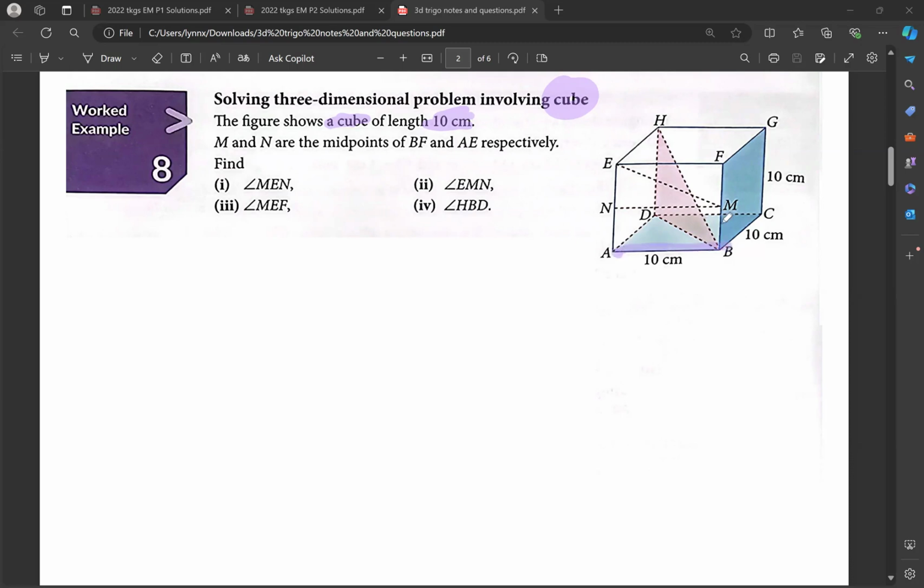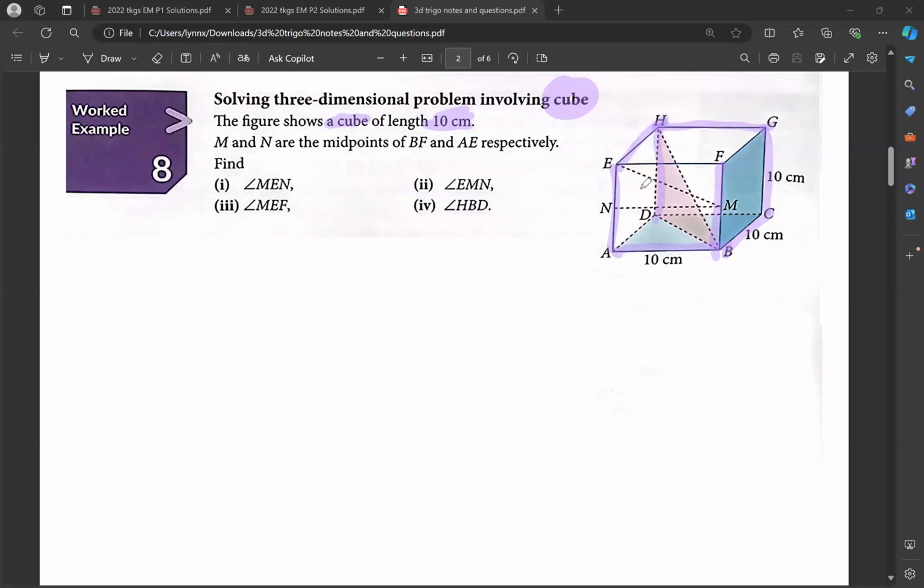We have AB, we have BC, GC, FD. We got FD. FB, EA, yeah. EH, yeah. HG, yeah.